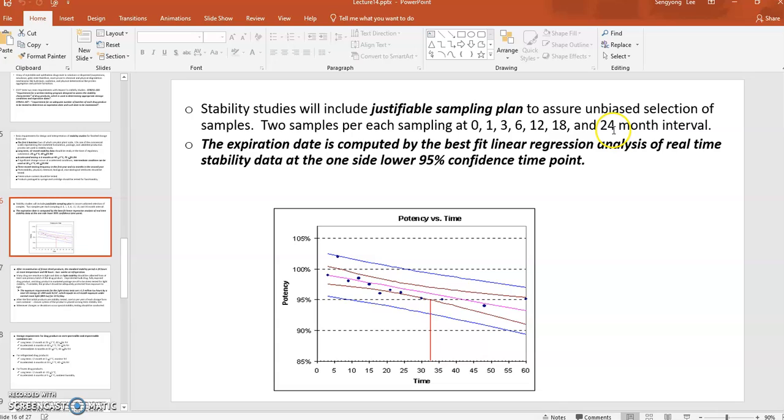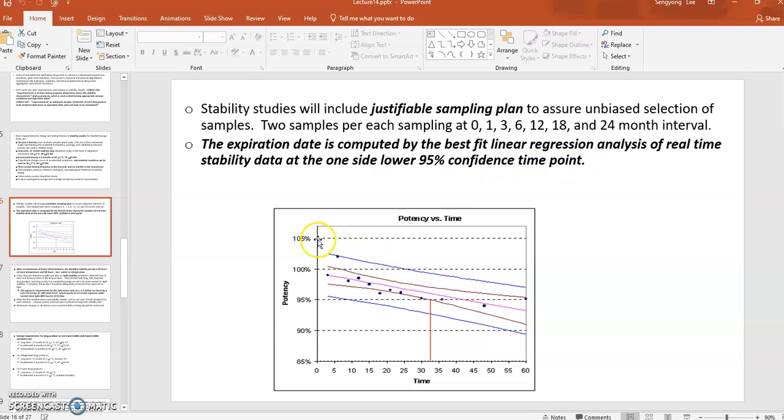That could be an example. Okay. And then how do you determine the expiration date for your drug? Expiration date is based on the best fit line regression analysis of real-time stability data. So your expiration date is based on your stability data, and at the one-sided lower 95% confidence at the time point.